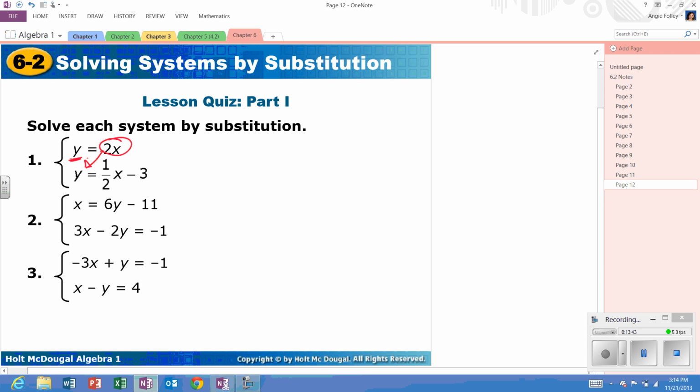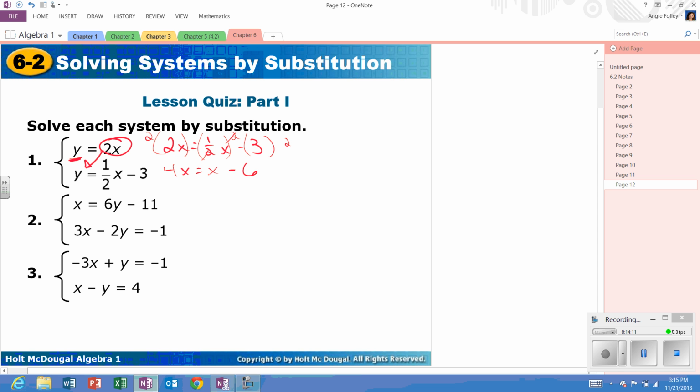Okay? So the solution for the first one, again, pause it. Please do it, guys. I really want you to make sure you know what you're doing. Actually, I'll do this one really fast. So I'm going to plug 2x into y. So I get 2x equals 1/2 x minus 3. I'm going to multiply everything by 2 to get rid of my denominator. You guys, we did this a few chapters ago. So I get 4x equals x minus 6.